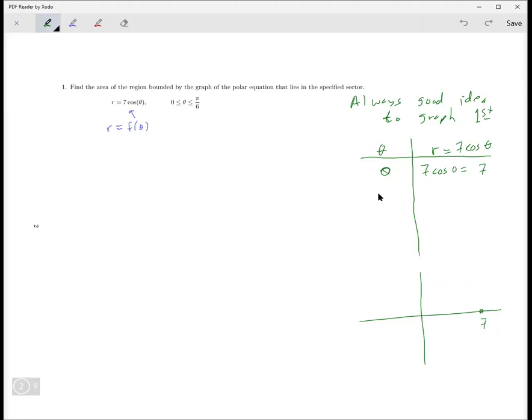When theta is pi/6, we have 7 cosine of pi/6, and cosine of pi/6 is root 3 over 2, so that's 7 root 3 over 2. At pi over 6, maybe right here, this distance is 7 root 3 over 2.